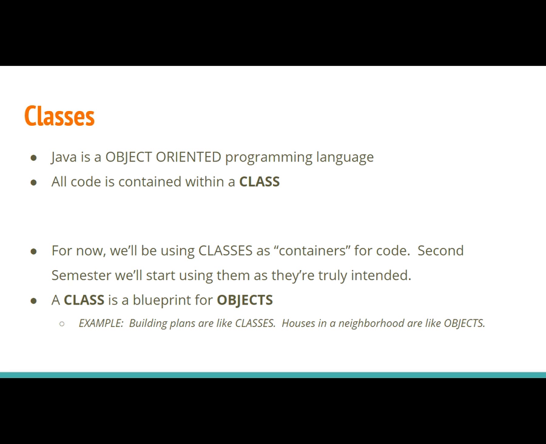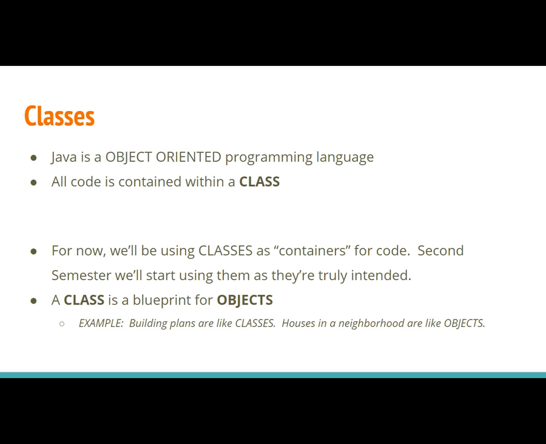The blueprint for that house is the class. So the class would describe how many bathrooms it has, how many windows it has, where they're located, where the kitchen is, all of those types of things. But the object is once the house is actually built, following that blueprint. That's an object.